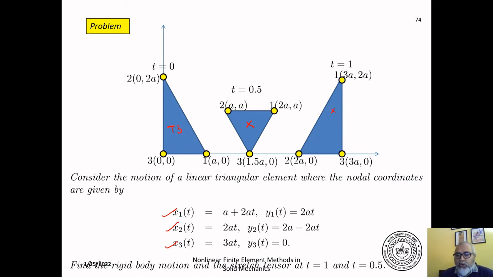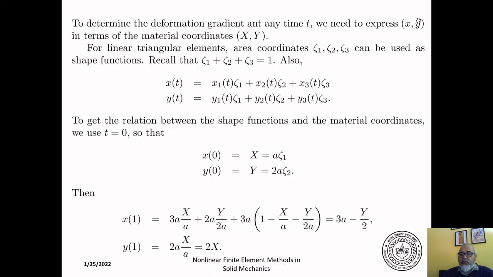So to do that, what we have to realize is that for any generic point inside this element, the coordinates are given by interpolations of the coordinates of the nodes, with the interpolation functions or the shape functions, which in case of this element are the area coordinates. We have learned that in our finite element course.